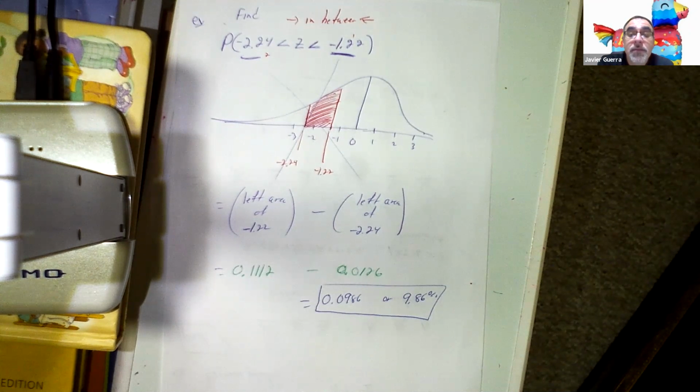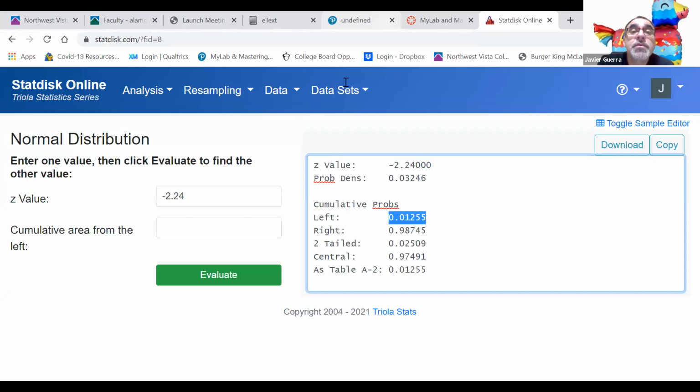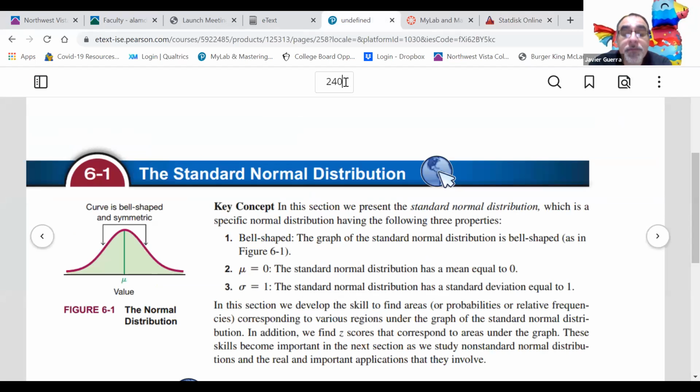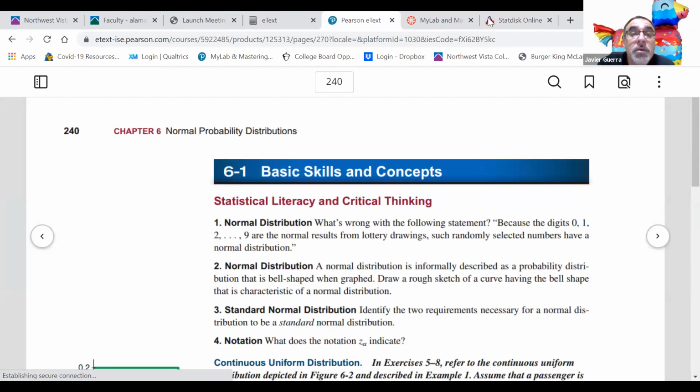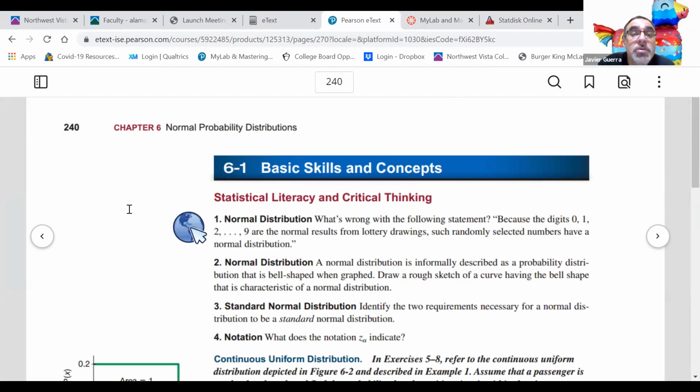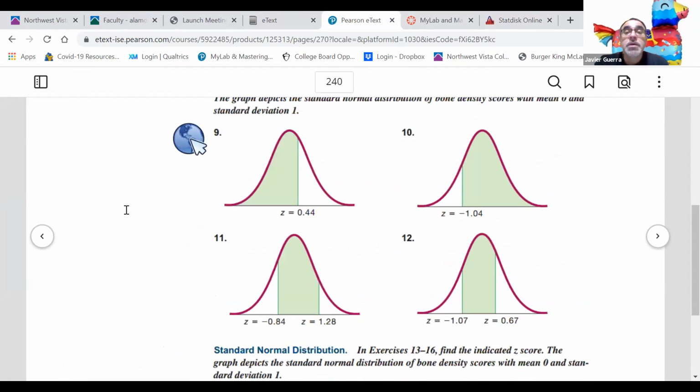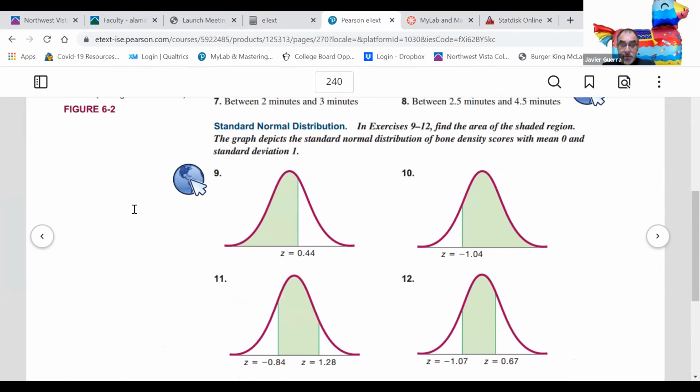Sorry. All right, so let me show you how the book starts it off. Number 9. Here we go. So how do we do those?